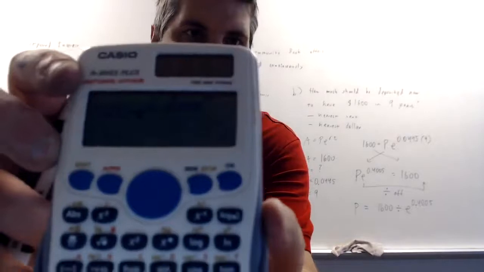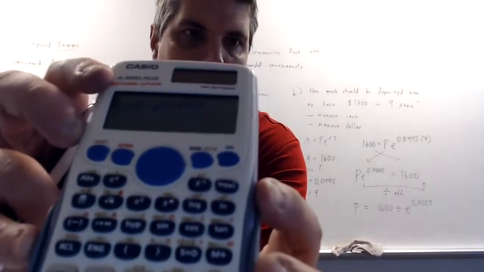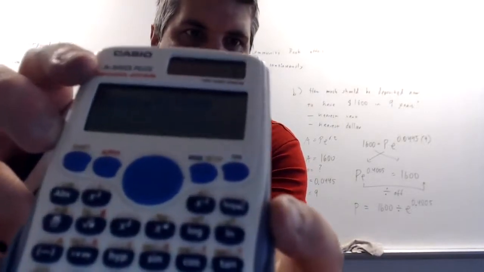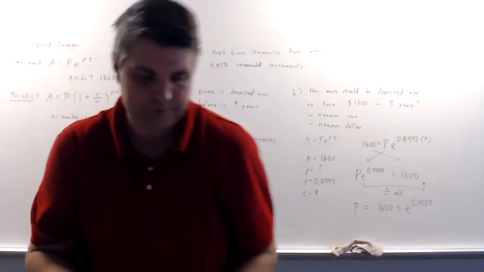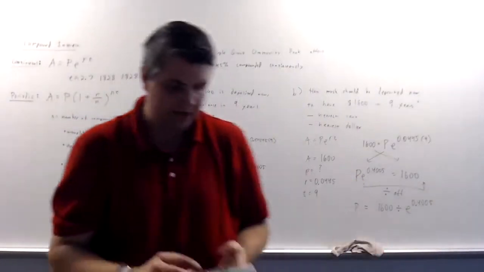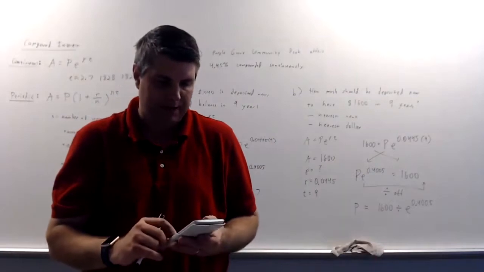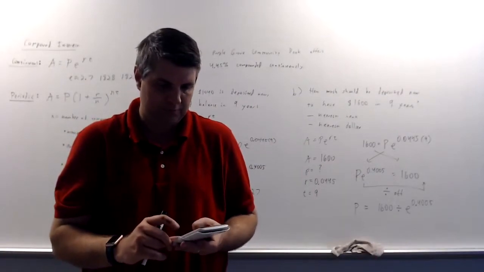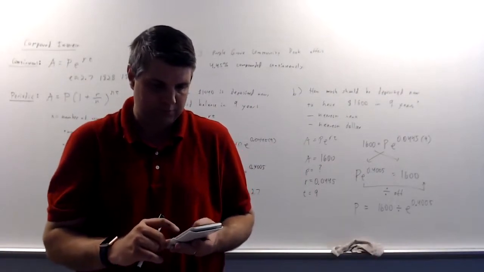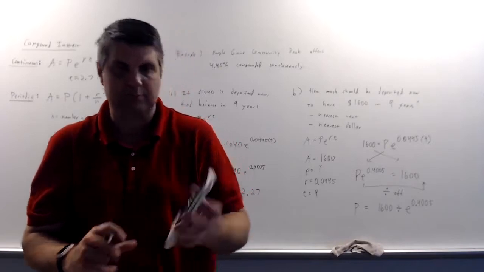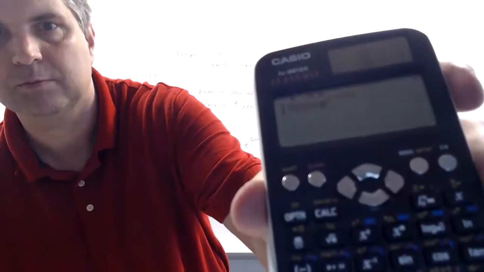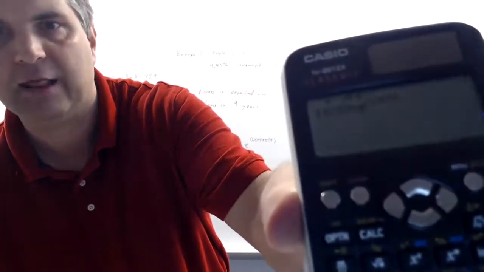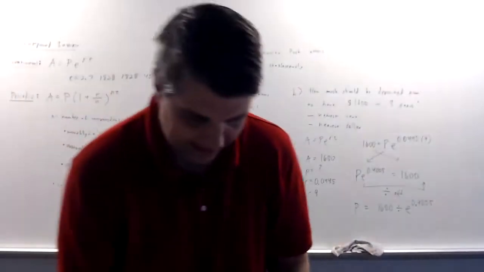I have to darken it because I want the board to be very visibly clear. Okay, maybe this other calculator will be a little clearer. Yeah, that looks better. Okay, hit enter or equal.